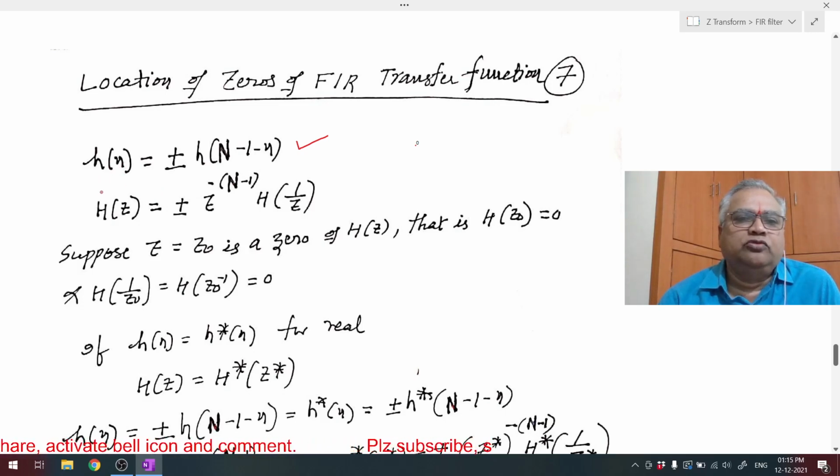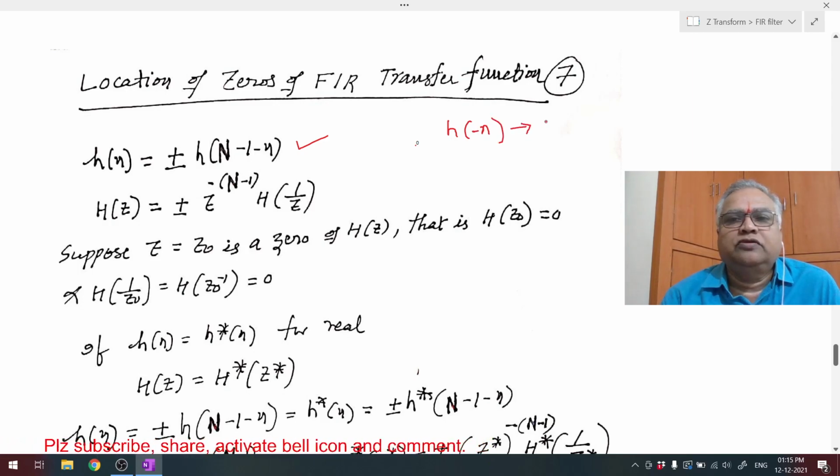Apply Z transform to both the sides. You will get H of Z equal to plus or minus Z power minus of n minus 1 H of 1 by Z. So we know that H of minus n, Z transform is what?